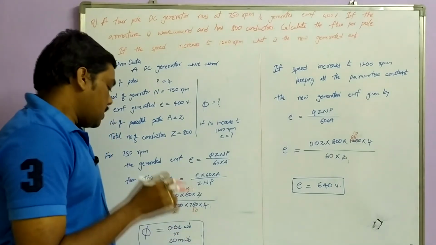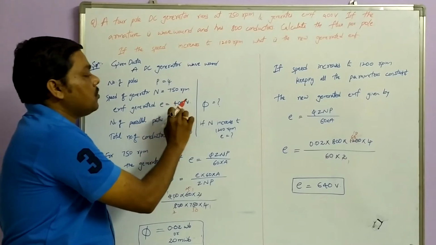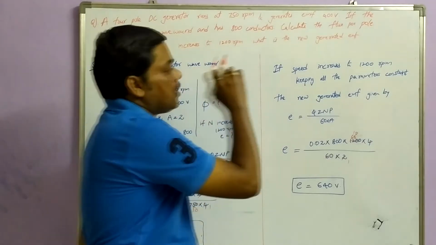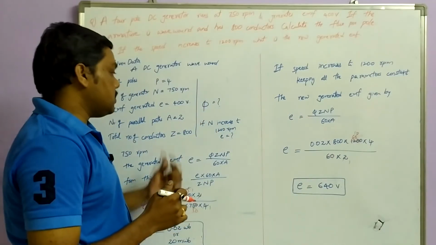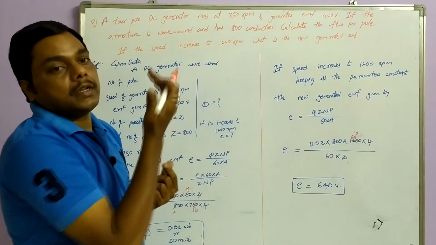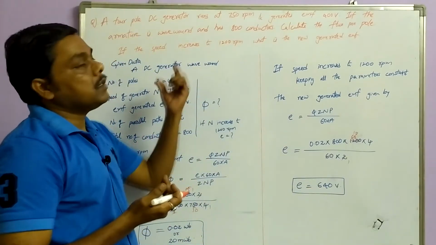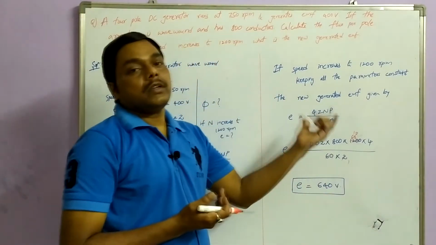Now you can observe here, at 750 rpm the EMF is 400 volts. At 1200 rpm, the EMF is now 640 volts. That means if you increase the speed, the generated EMF also increases.